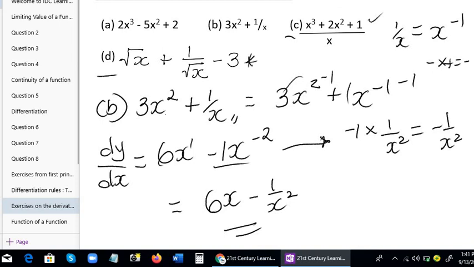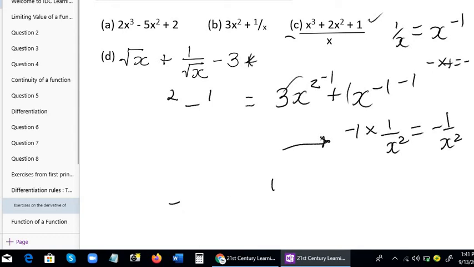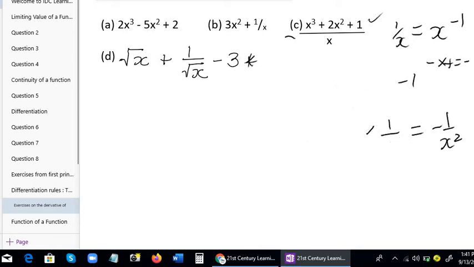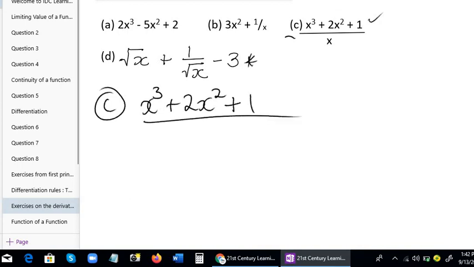Okay, let's take C. x cubed plus 2x squared plus 1, divided by x.